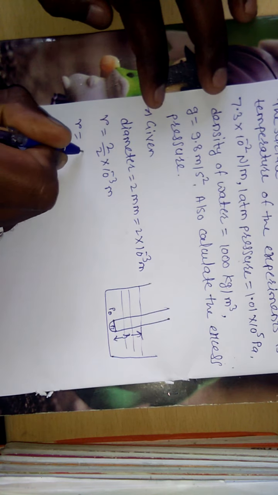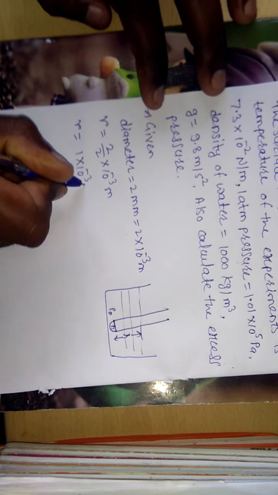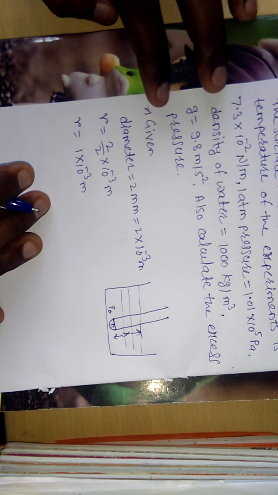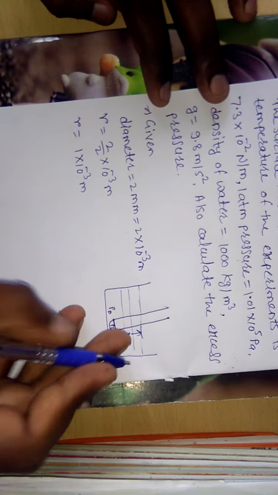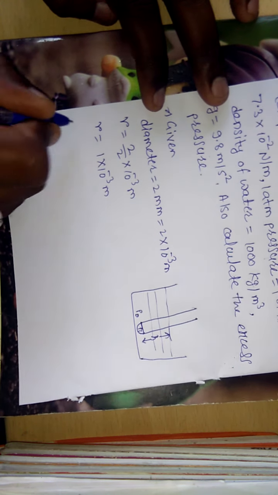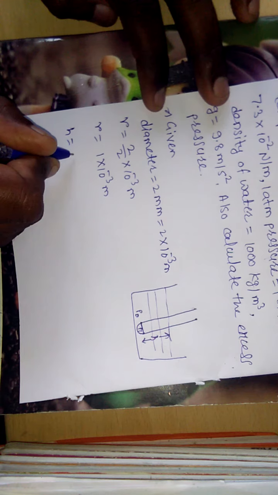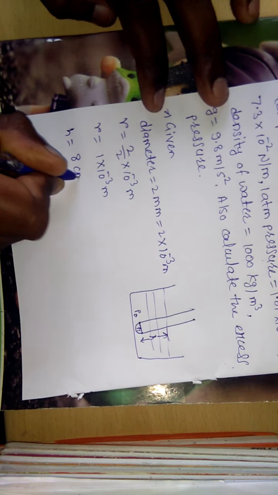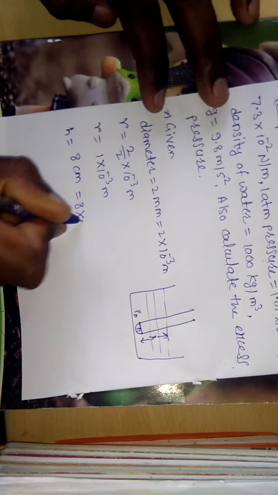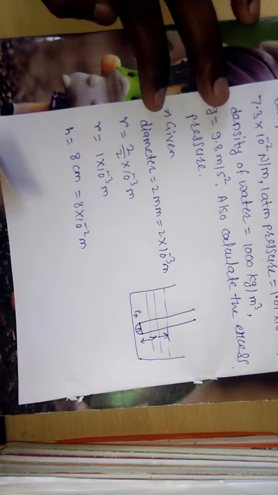Therefore the radius of the bubble is 1 × 10^-3 meter. And the height h is 8 centimeter, which means 8 × 10^-2 meter.